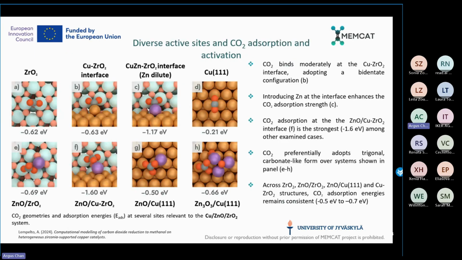What we have done in the past, in another project, we looked at the zirconia supported copper zinc oxide systems, and there we made very naive models, but we looked at the interfaces. We used highly idealized models, as everybody typically uses.